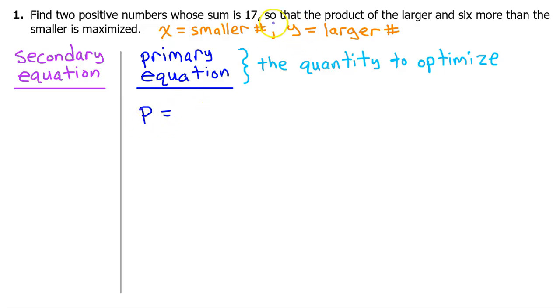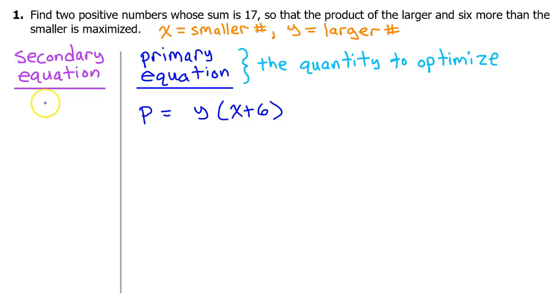So the product, which means multiplication, of the larger, that's y, times 6 more than the smaller. The smaller is x, so 6 more than the smaller will be x plus 6. Just remember, for the primary equation, you have to make up your own letter. You're not setting this equal to 0 or something.